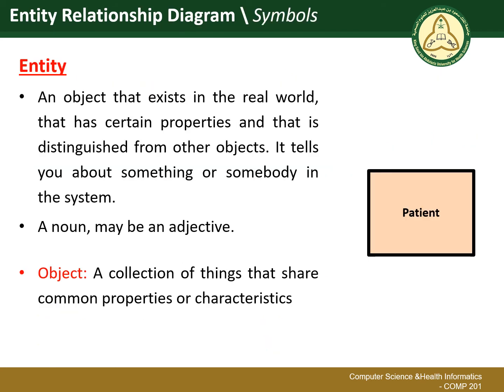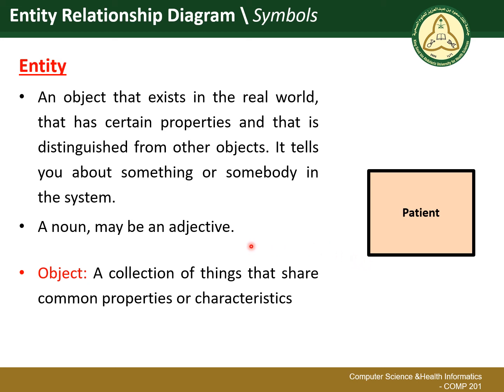So here are the symbols of the entity relationship diagram. The entity will represent the table in the database. It's any object that exists in the real world. It has certain properties that distinguish it from other objects. So it tells you about something or somebody in the system.